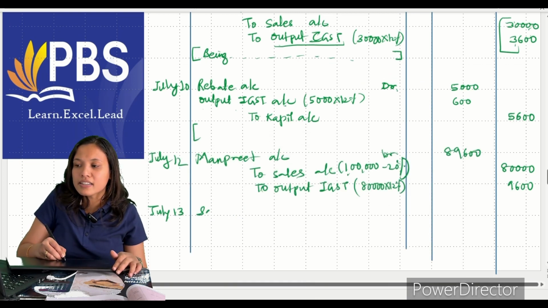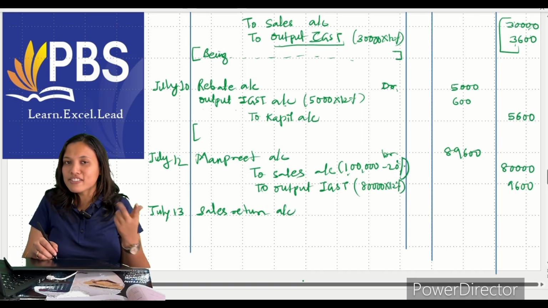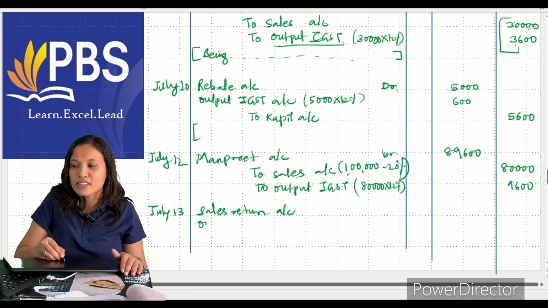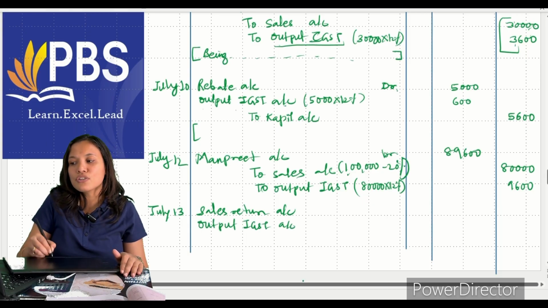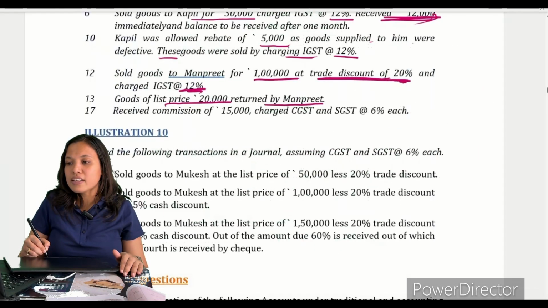So now there is a return, sales return. So sales return to Manpreet. But because there is a return, we have to reverse our GST as well. So reverse our GST, output IGST account to Manpreet account. Now, what is the value of return? 20,000.